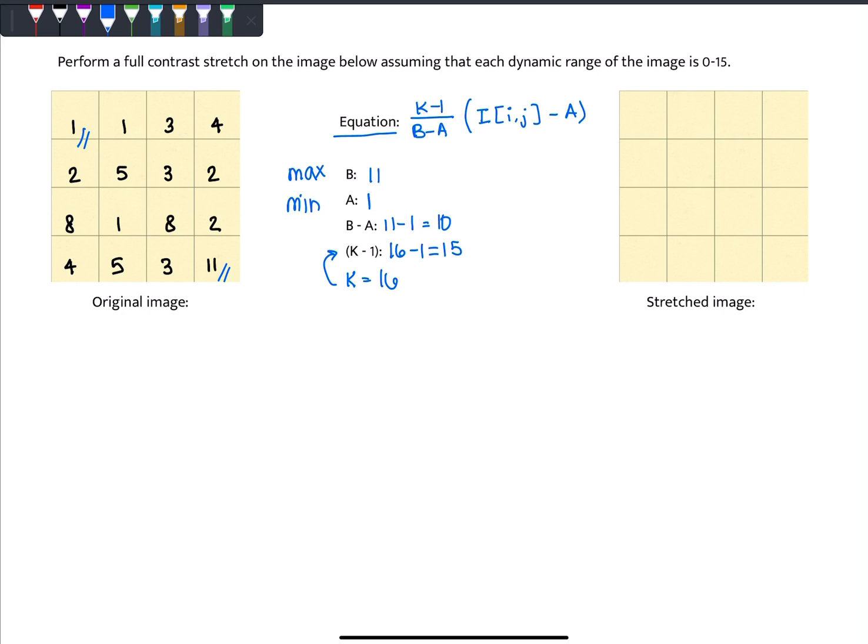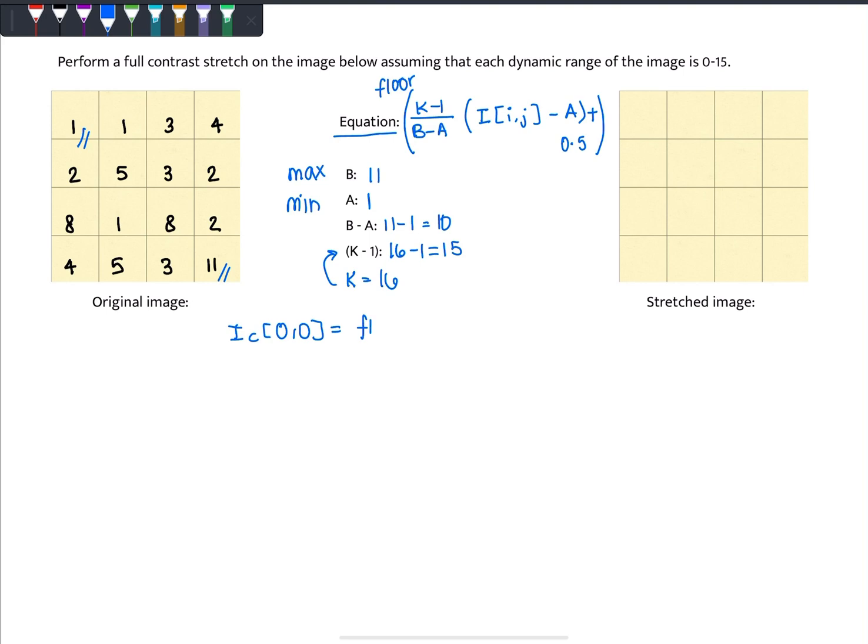So let's perform a stretch on the very first pixel, which in this case is at the location 0, 0. Now, since pixel intensities have to be integers, we are going to add 0.5 to this, and then take the floor of the values that we get.